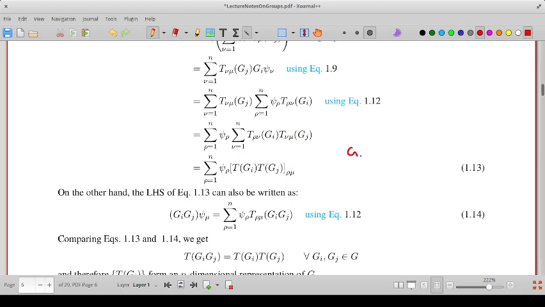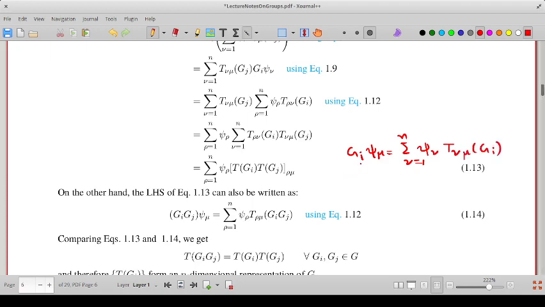Now look at the action of, say, Gi on psi mu. This was written as the sum over nu running from 1 to n of psi nu T nu mu of Gi.